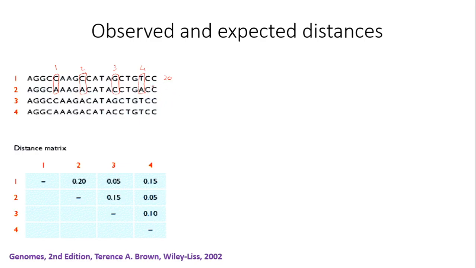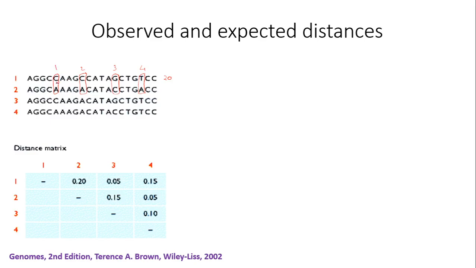So how can we calculate divergence between these two sequences, say sequence 1 and 2? We would have to figure out how many positions there are where mutation has happened. For example, sequence 1 and sequence 2 have 20 nucleotides and they have four differences.